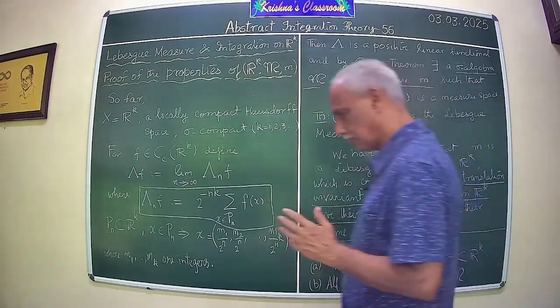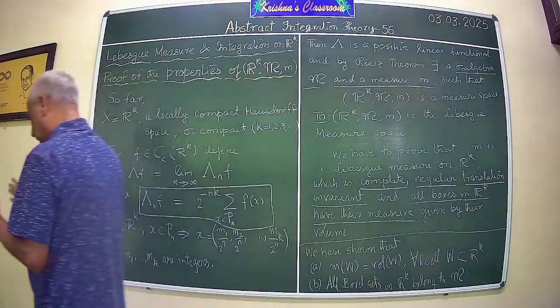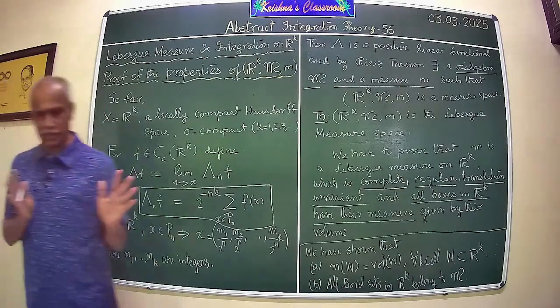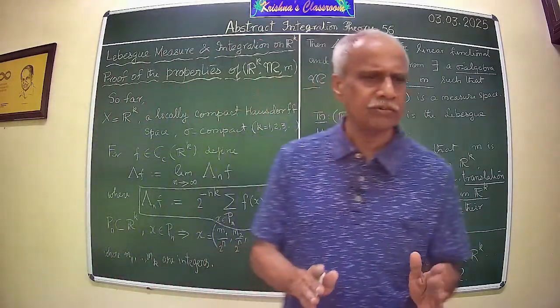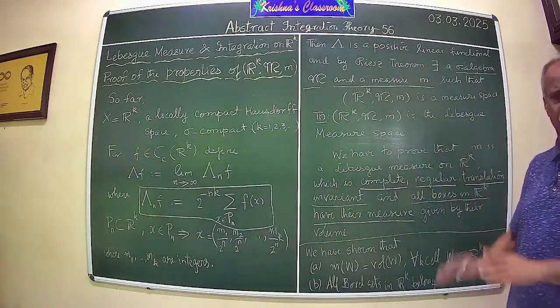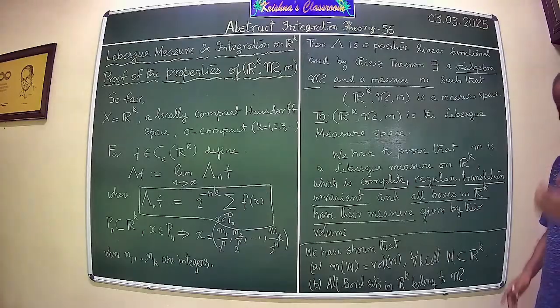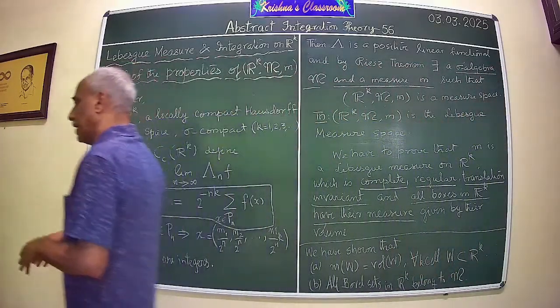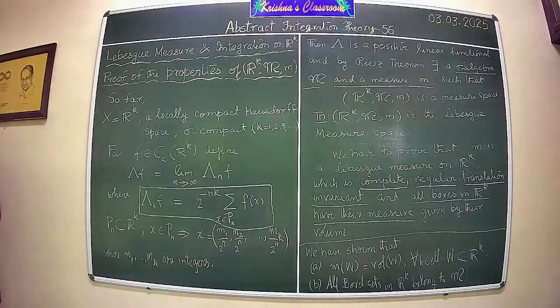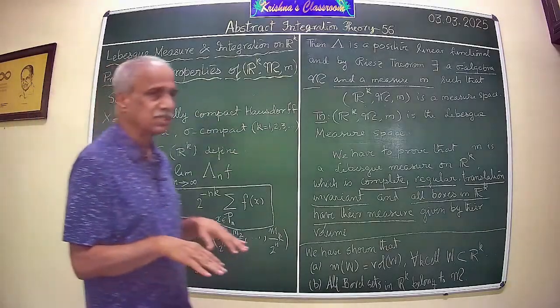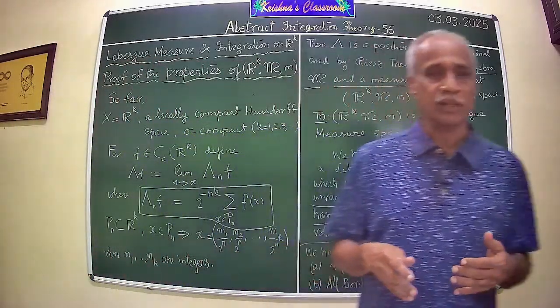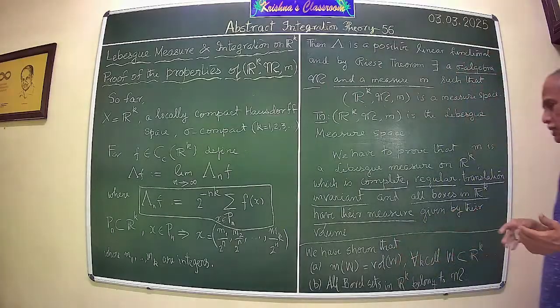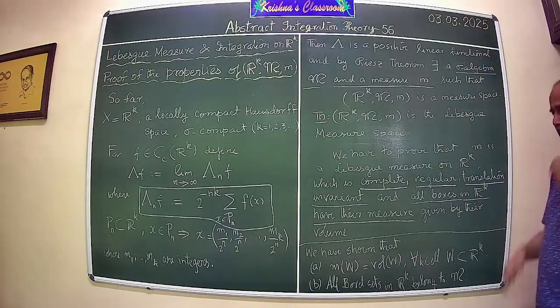Further, you take a countable collection of open sets. If you take the union of them, you get an open set, so there is nothing to talk about. But when you take the intersection, this may not be an open set, but nevertheless, such a set is what you call a G delta.